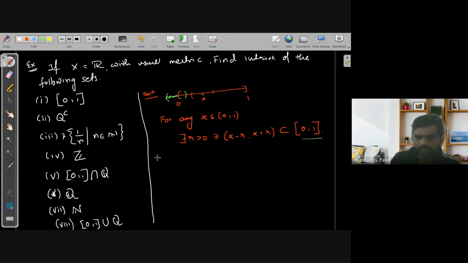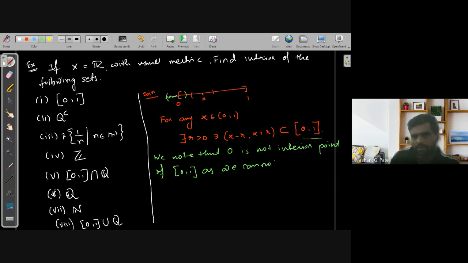So here we should write: we note that 0 is not an interior point of closed interval 0, 1, as we cannot find an open sphere of 0 which is contained by closed interval 0, 1.